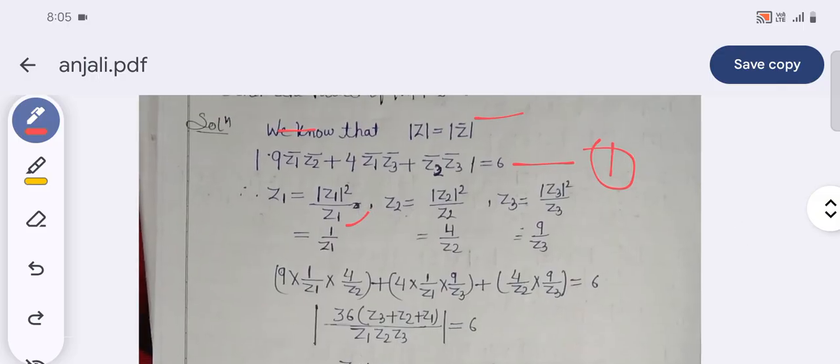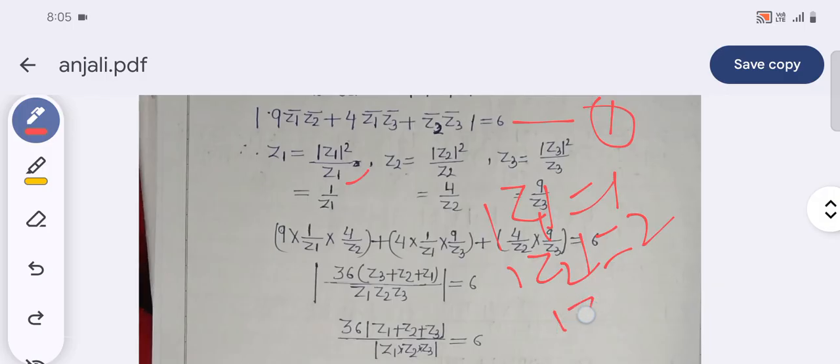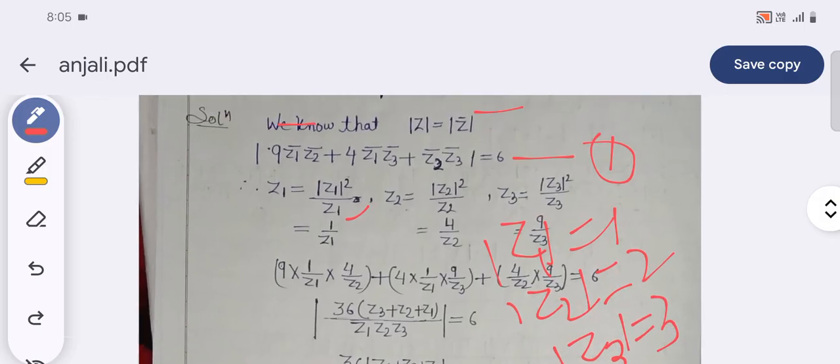In the question we are given mod of z1 is equal to 1, mod of z2 is equal to 2 and mod of z3 is equal to 3. We will put the values of mod of z1, z2 and z3. So z1 conjugate will be 1 upon z1.